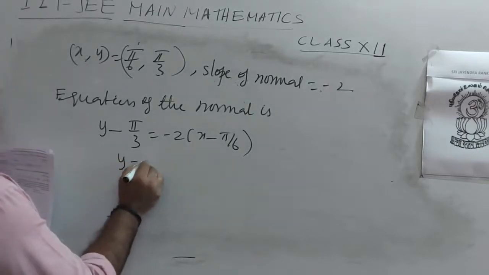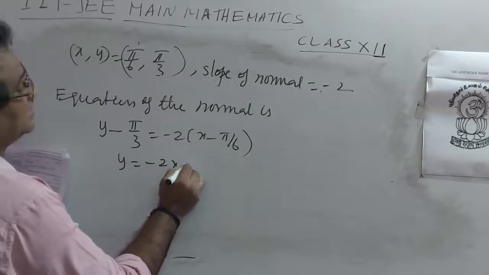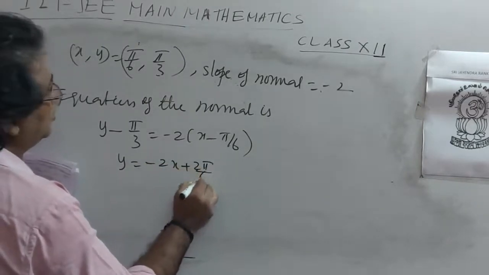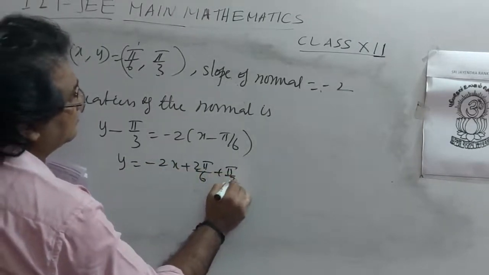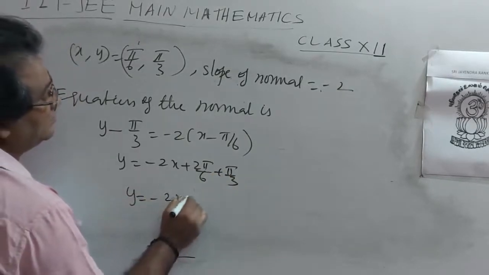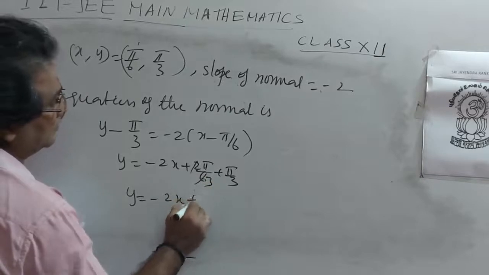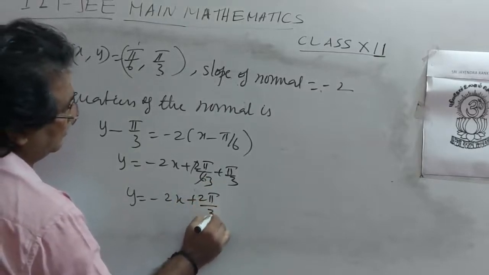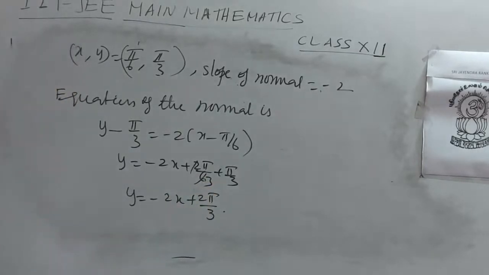So y equal to minus 2x plus 2 pi by 6 plus pi by 3. Y equal to minus 2x plus 2 pi by 3.